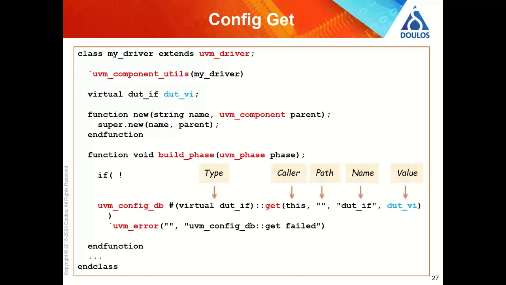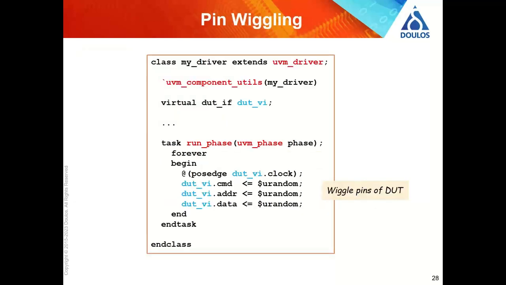What are we going to do with it? Well, we need to wiggle some pins. So in our driver, we're going to add a run phase. Again, this is going to start at time 0, and the run phase is going to be in a forever loop. So that's fairly typical.